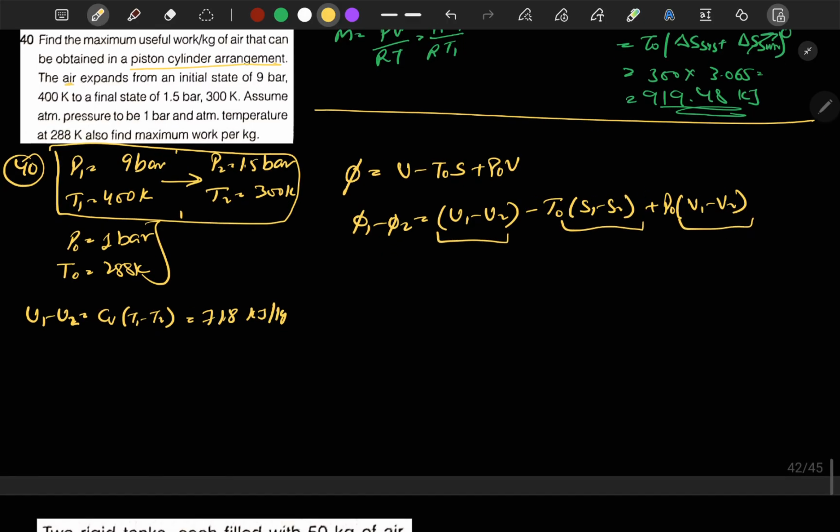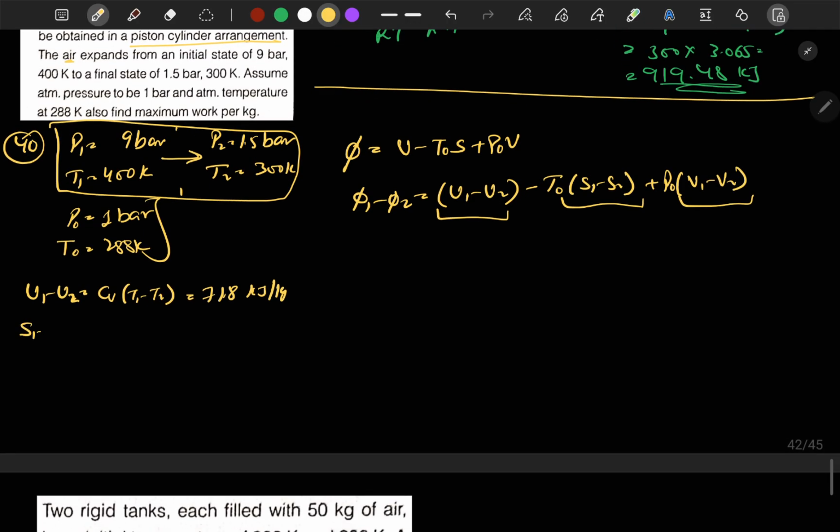Now if we talk about s1 minus s2, since it is a gas, we can use this formula: Cp ln T2 by T1 minus R ln P2 by P1. If we calculate these values, Cp is 1.005, T2 by T1 is 300 divided by 400, ln.